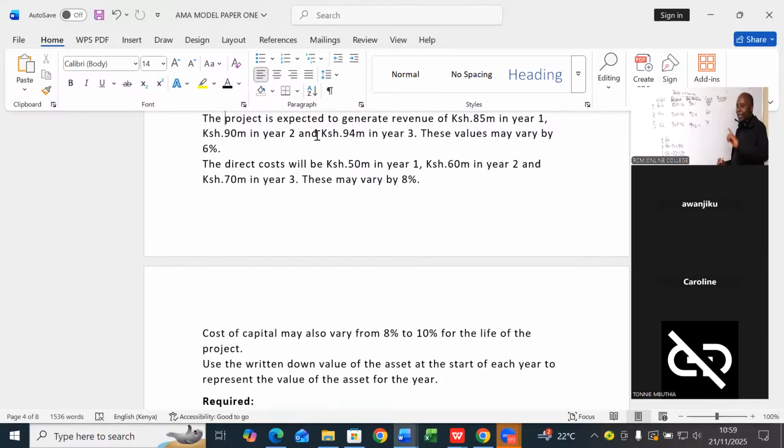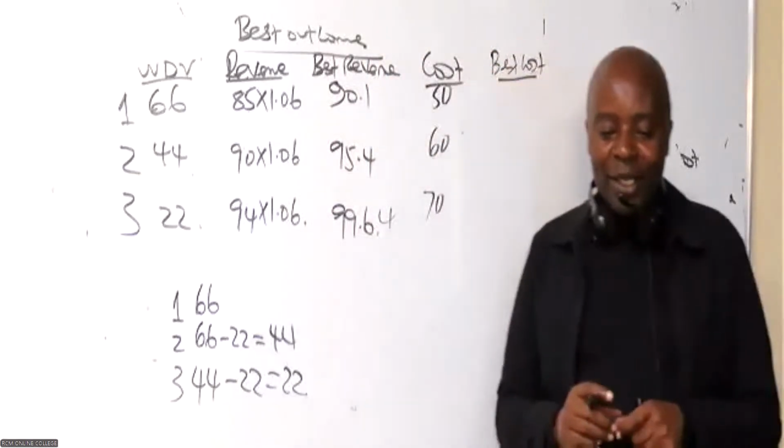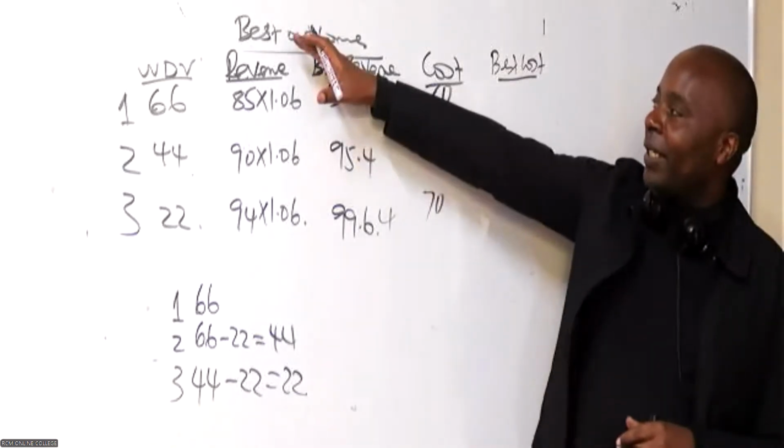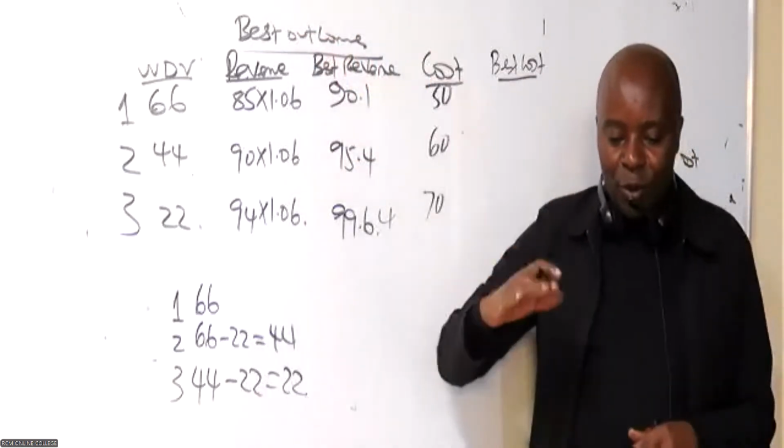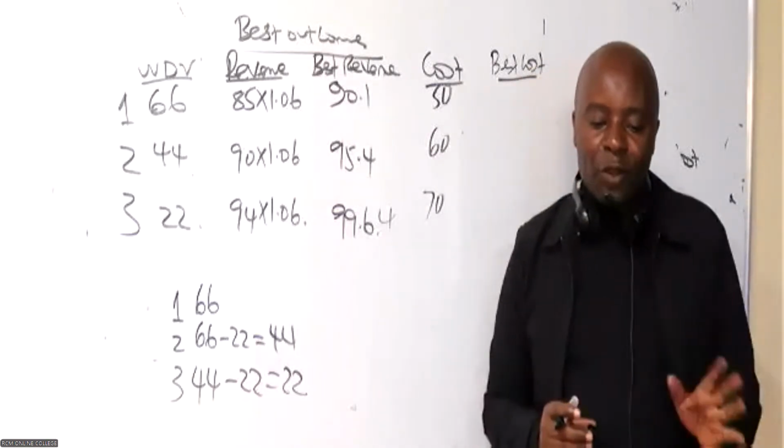You know, varying means either increasing or reducing. First part is best outcomes, best revenue, best cost. Reduction by 8%. Yes, reduction by 8%.